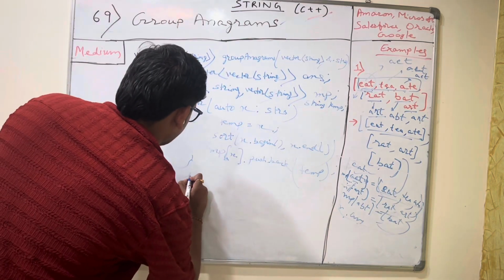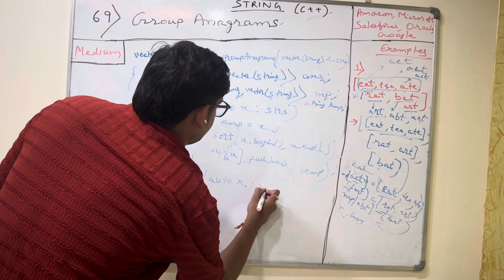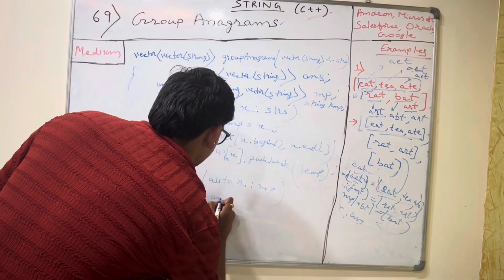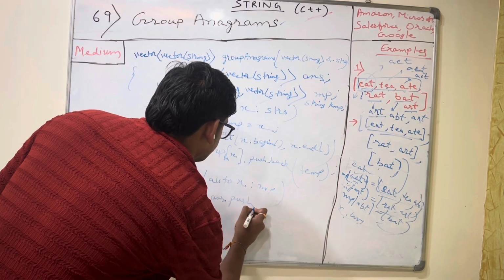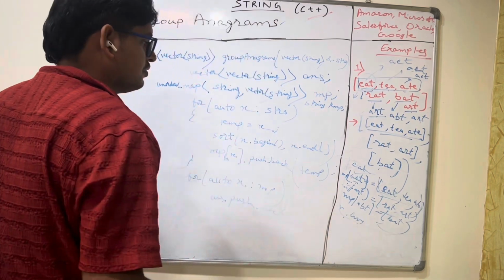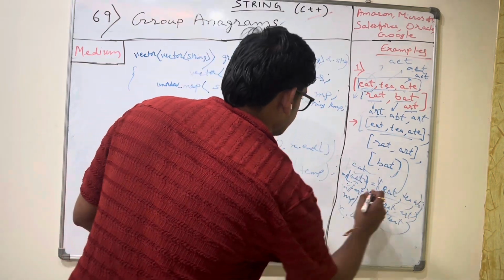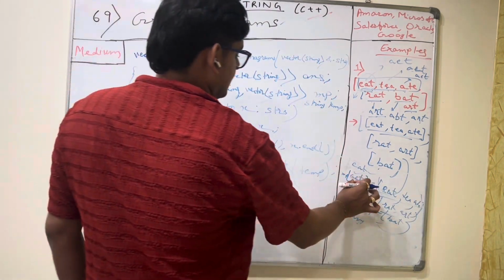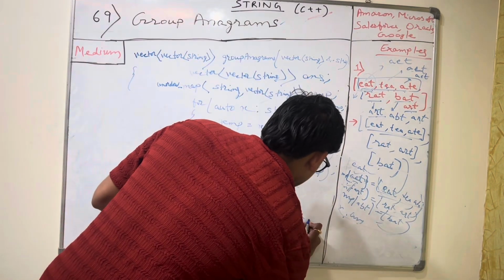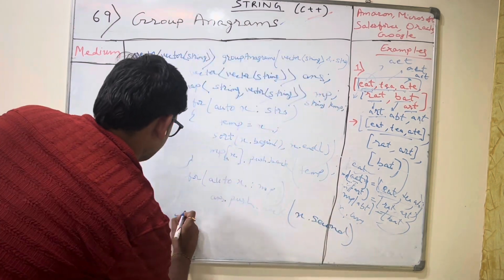So for auto in MP, in the answer we push back. What we are interested in pushing is not the key, but the second part, since it contains this whole group. So answer.push_back of x.second will be pushed here, and then we will return answer.